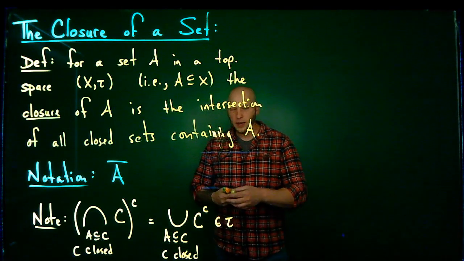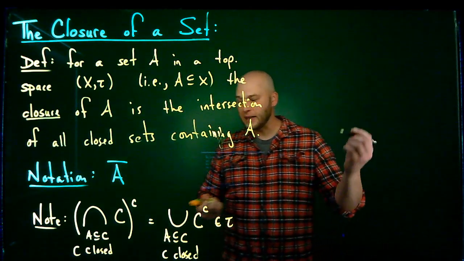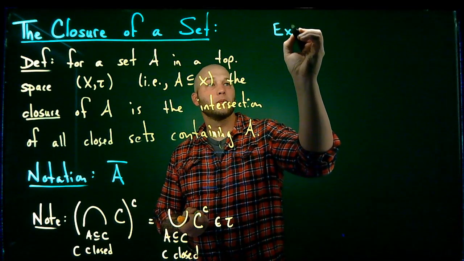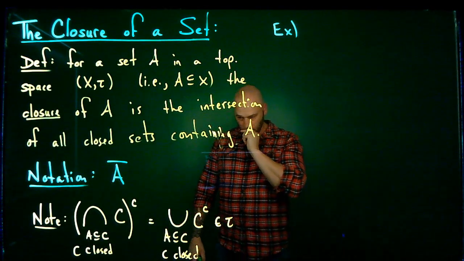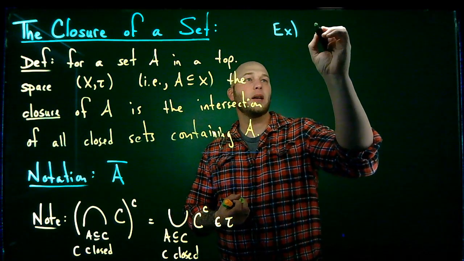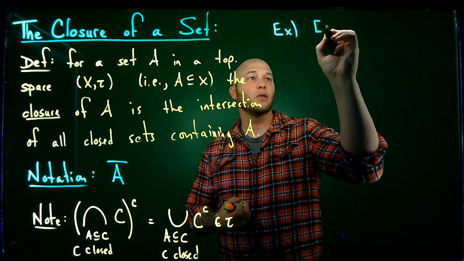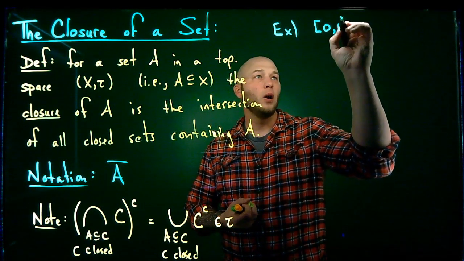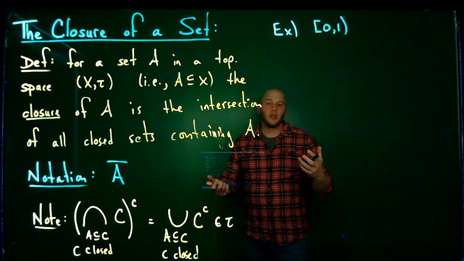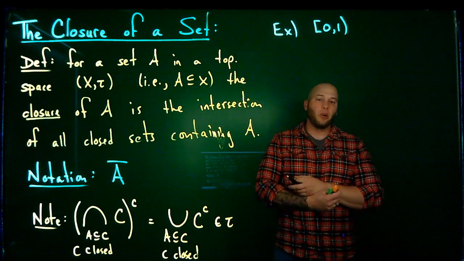Let's take a look at a specific example of finding a closure. The first example that I want to take a look at is the interval from 0 to 1, where 0 is included and 1 is not, in the real line with the usual topology.